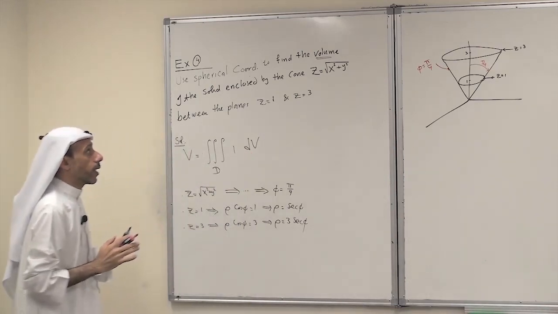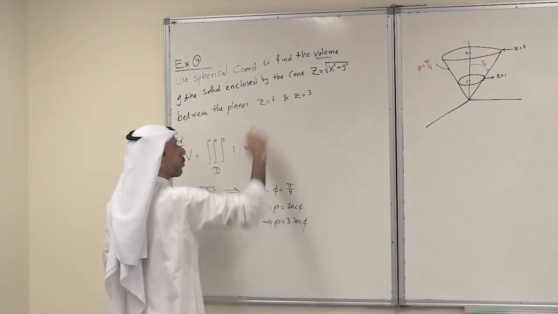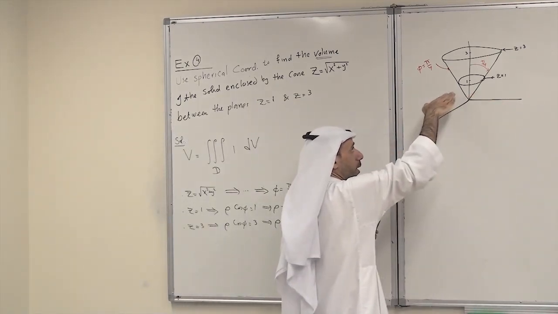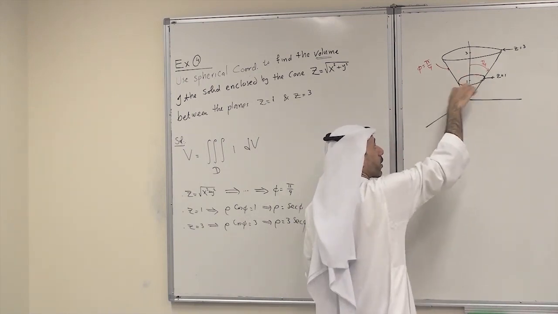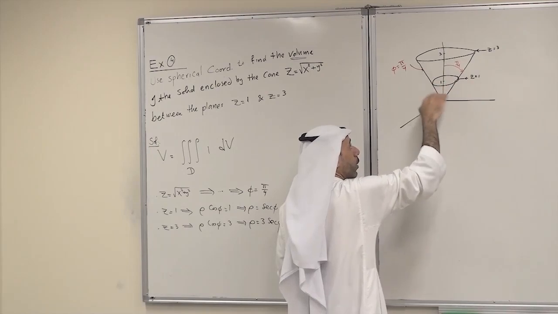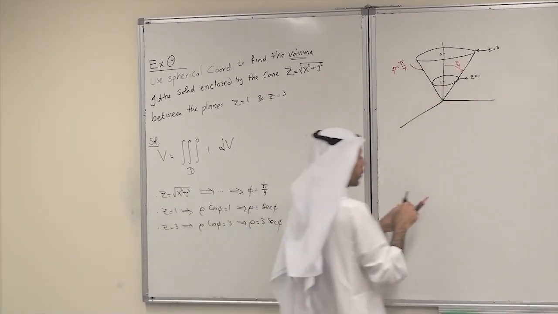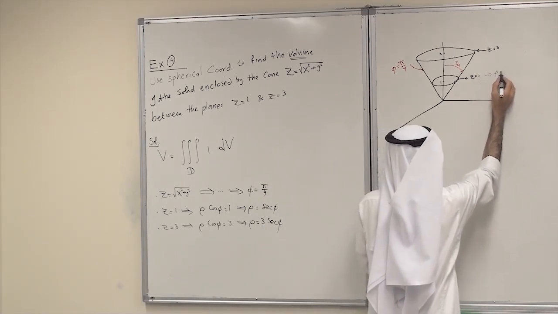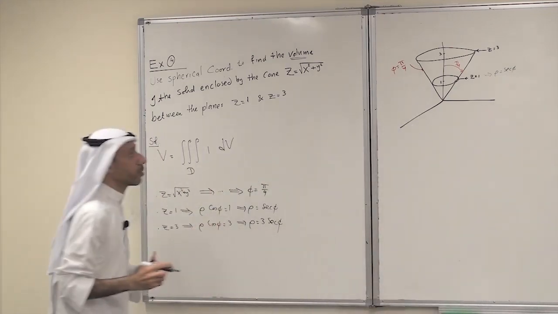So this is the cone, and between the planes z equals 1 and z equals 3. If I take the plane z equals 1, the intersection between the plane and the cone will be this circle. This circle lies on the plane z equals 1, and its equation is rho equals secant phi, as we found here.